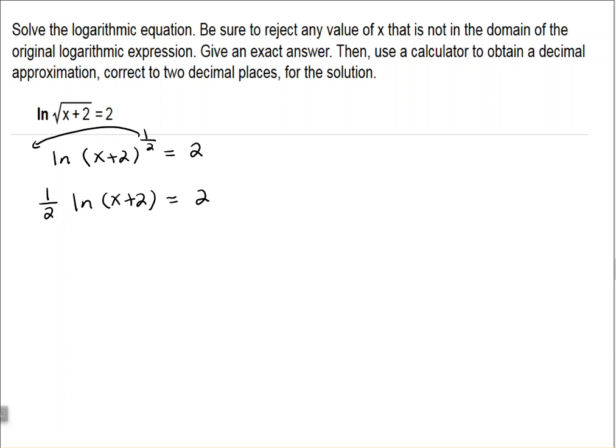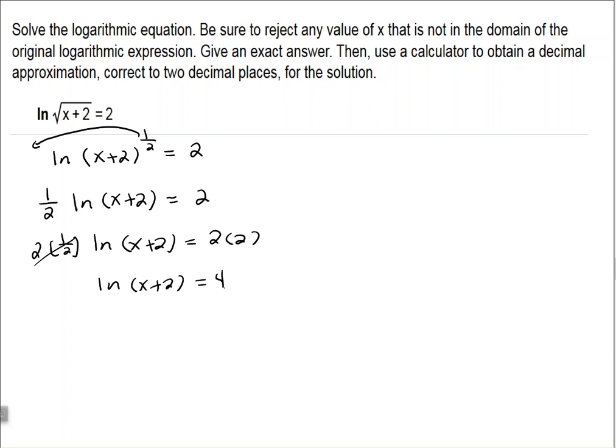The reciprocal of 1/2 is simply 2. So 2 times 1/2 is 1. That's why we multiply by the reciprocal. 2 times 2 is 4.